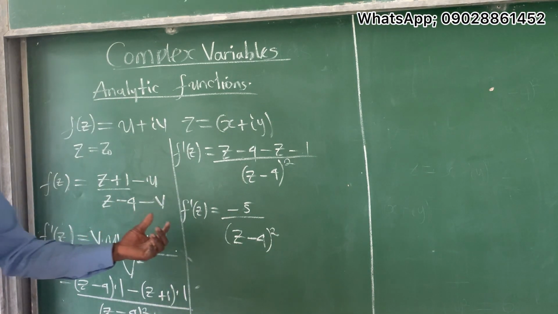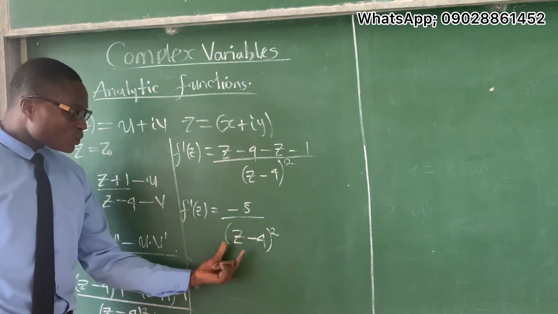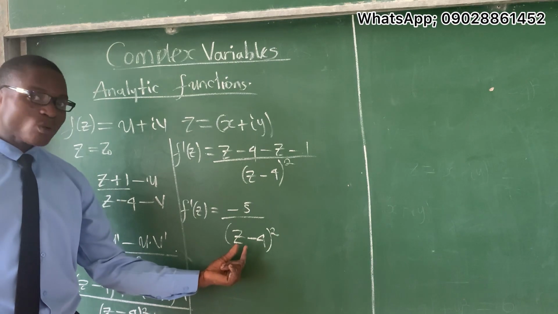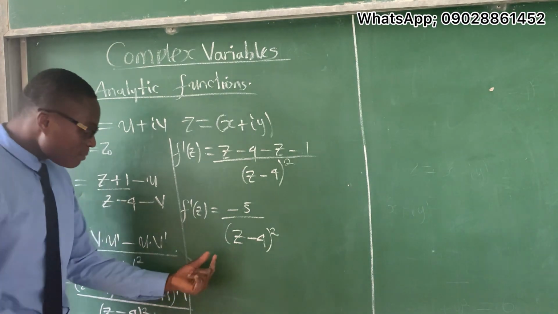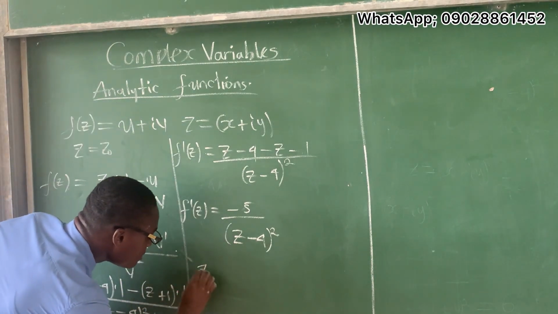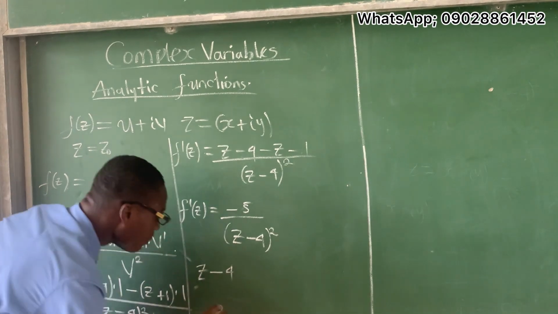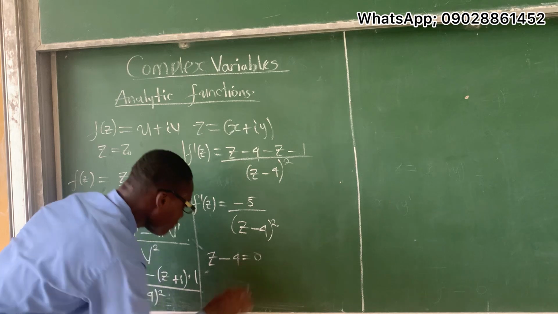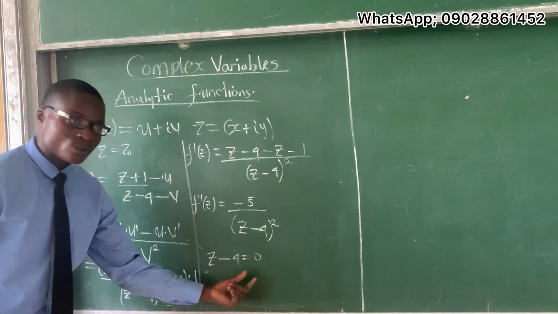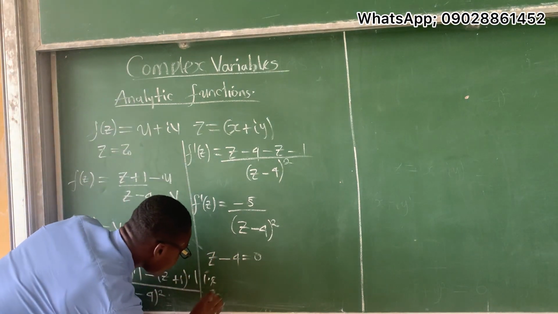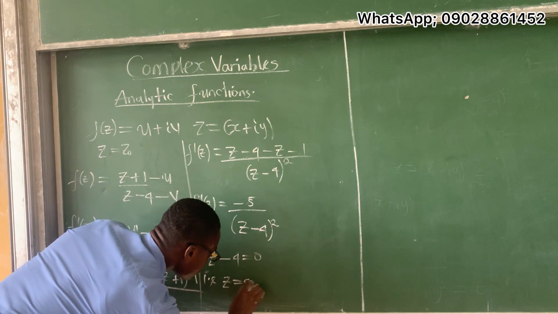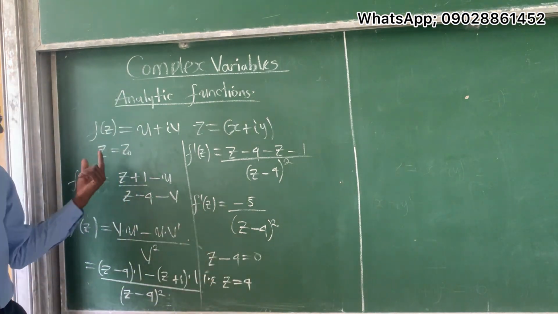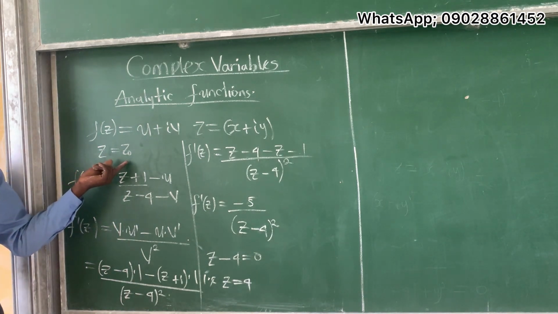So first of all, we said for this function to be analytic, it means that the denominator must not be equal to 0. So this implies that z minus 4 is equal to 0. This means that if z minus 4 is equal to 0, that is z equal to 4. Z equal to 4 now is the point z equal to z naught.